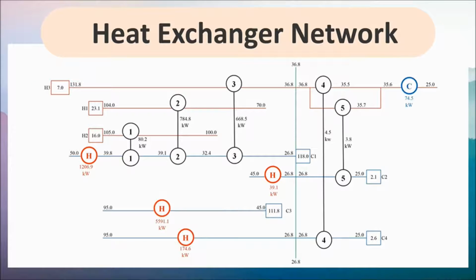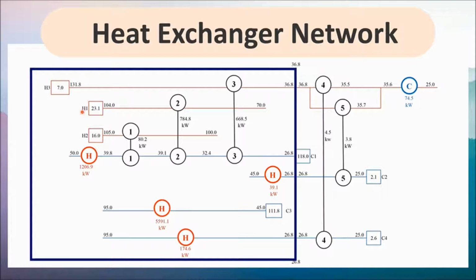First, consider the above pinch region. The H3 stream starts at 131.8 and transfers heat to C1, and the temperature goes down to the hot pinch temperature. Next, H1 starts at 104 degrees Celsius.